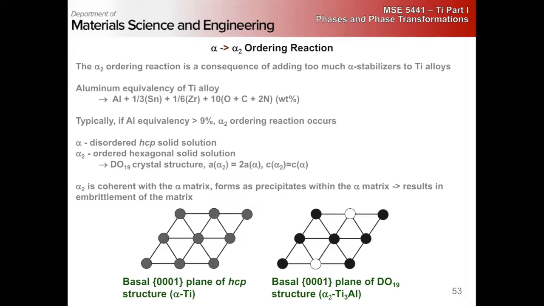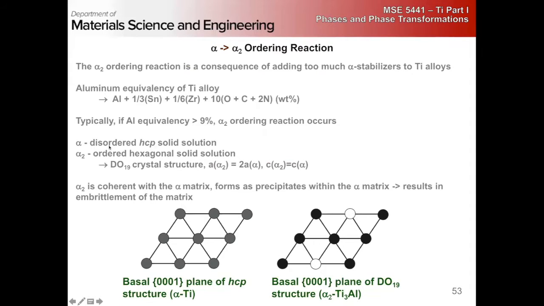So remember, the difference going from a disordered to an ordered phase is that in the disordered phase, each site has equal probability of either being titanium or aluminum, right? Of course, there's a lot more titaniums than aluminums, right? But each site has equal probability. In an ordered compound, there are clear sites, right? And the probabilities heavily favor one over the other, right?